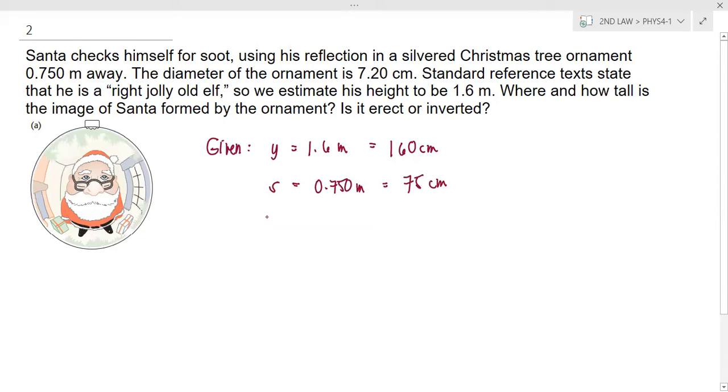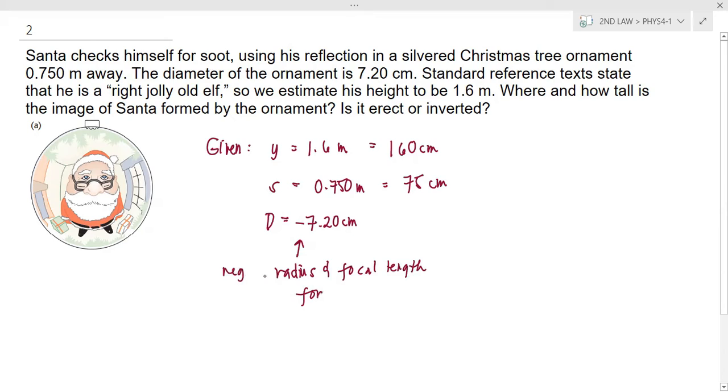We also have the diameter of the ornament, that is 7.2 centimeters. It is negative since we are using a convex mirror. Note that for a convex mirror, we have negative radius and focal length, so our diameter will also be negative.